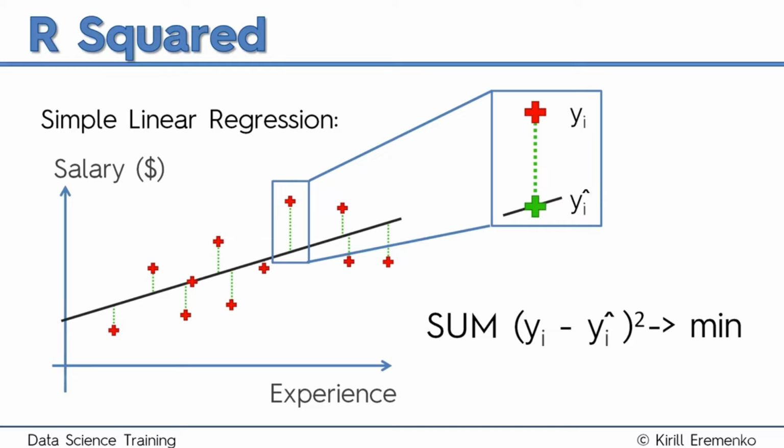We're looking at that difference, squaring it, and summing it for all of the observations we have. The line that has the smallest sum will be the best fitting line, or will be the simple linear regression model.